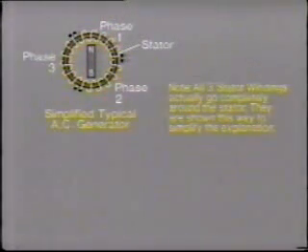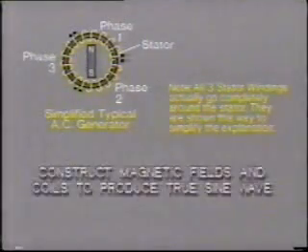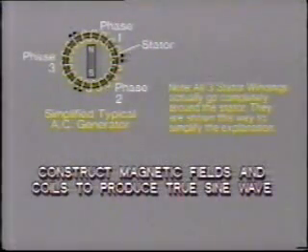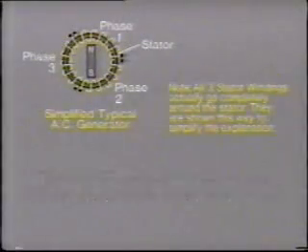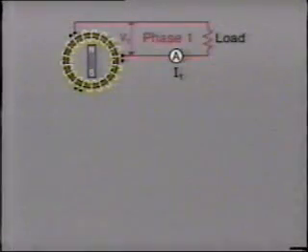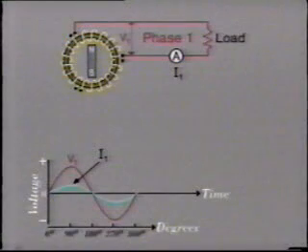One of the principal tasks in designing an AC generator or alternator is to construct a combination of magnetic fields and coil configurations that produce a true sine wave at the generator terminals. If we connect this circuit through a resistance and an ammeter, we find that the current follows the same pattern as the voltage.